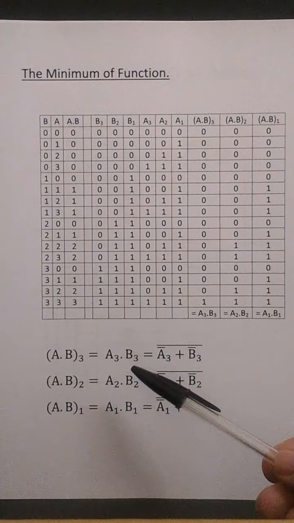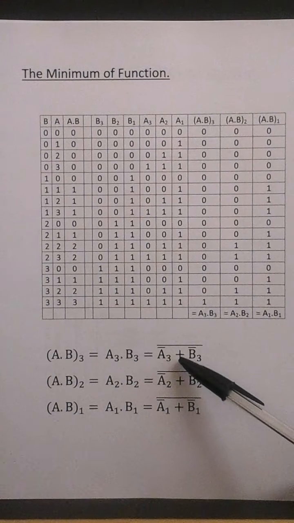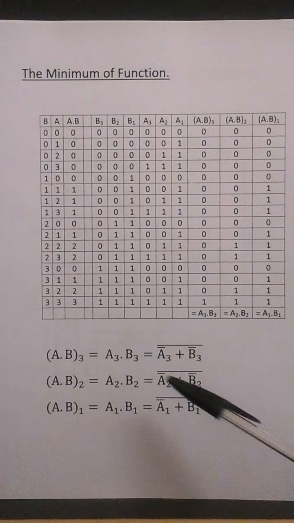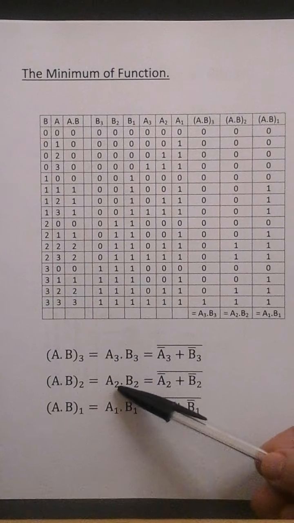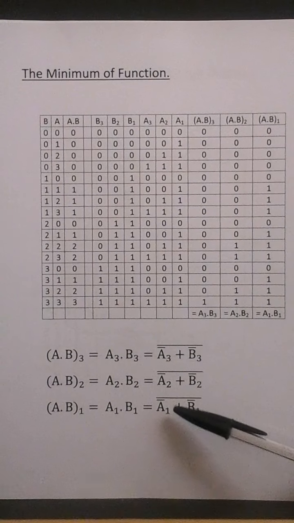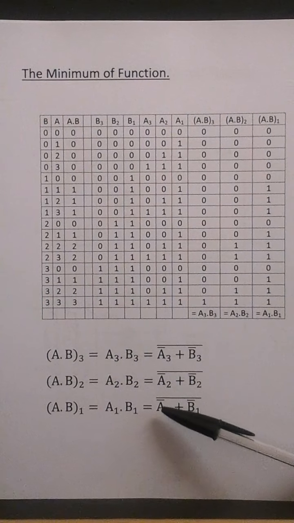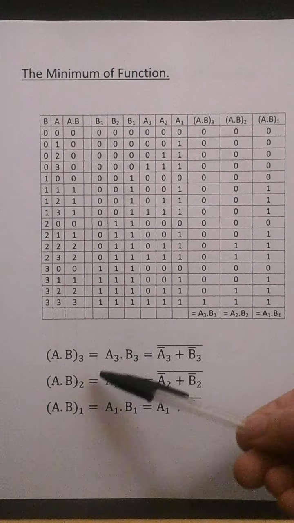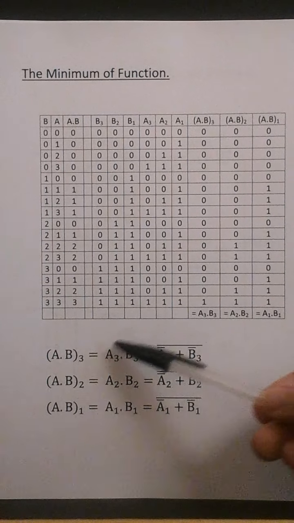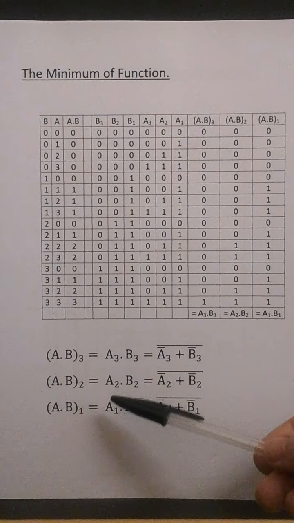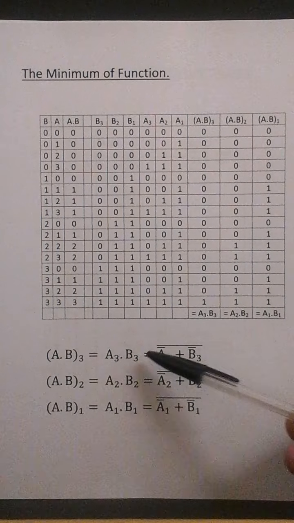So I'm going to use De Morgan's theorem, change that AND into a NOR, and these inputs are inverted now. Same here, I'm going to turn that AND into a NOR and invert the inputs, and that one I'm going to use the AND, turn it into a NOR, and use the inverted inputs A1 and B1. This is because this function would require 2 Schmitt triggers per input, and this requires only 1 per input.